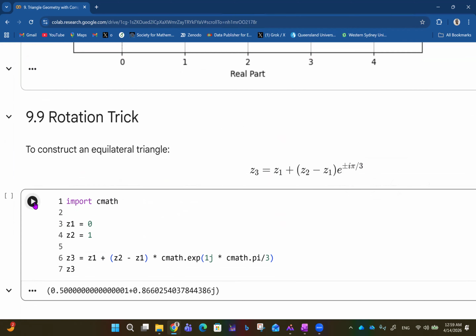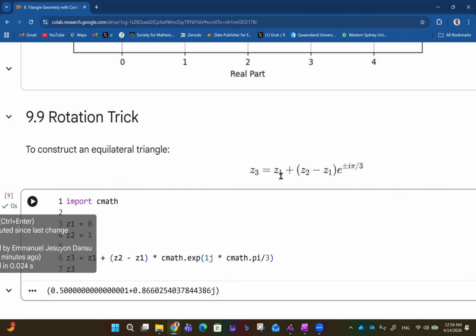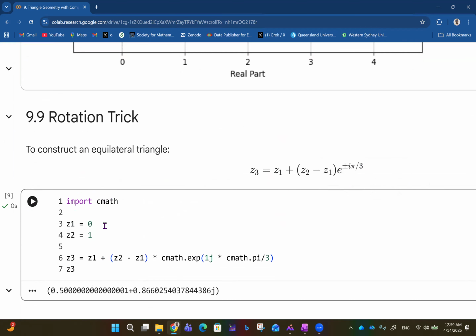Now you run this. If Z1 is 0 and Z2 is 1, then Z3 is automatically 0.5 plus 0.86i. That will give you an equilateral triangle. So if you plot all these points, 0, 1, 0.5, 0.86, you get an equilateral triangle.